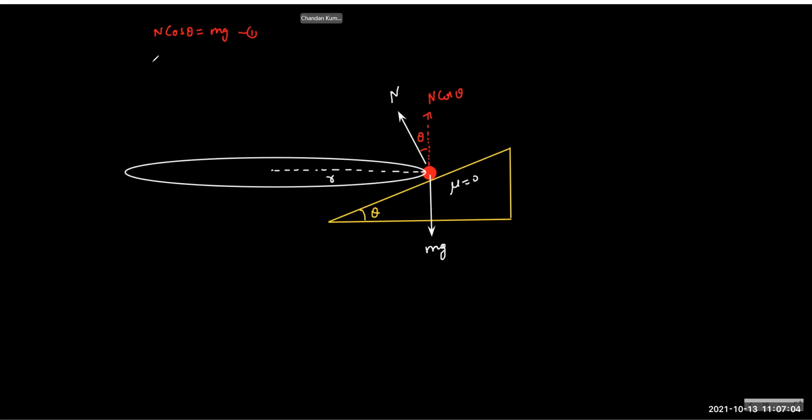Now it is the N sine theta, and luckily N sine theta is already directly along the center, so the further component step is not required. So N sine theta is directly equal to m a.